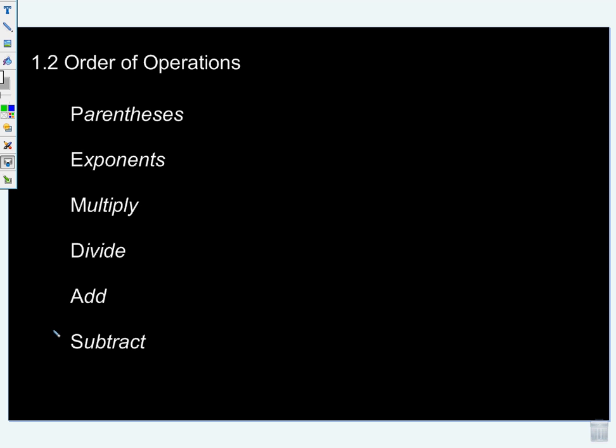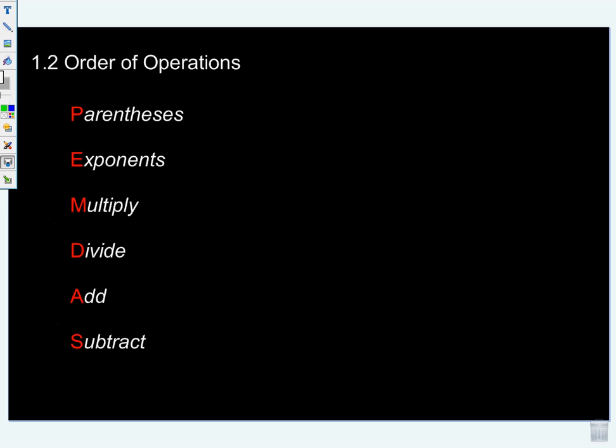Probably the biggest misconception with the order of operations with PEMDAS is that because they're written in order with P, E, M, D, A, and S, a lot of students forget that multiplication and division actually go together at the same time from left to right. The same is true about addition and subtraction, that all addition and subtraction should be evaluated at the same time from left to right.